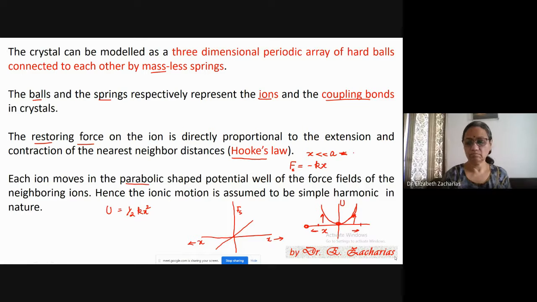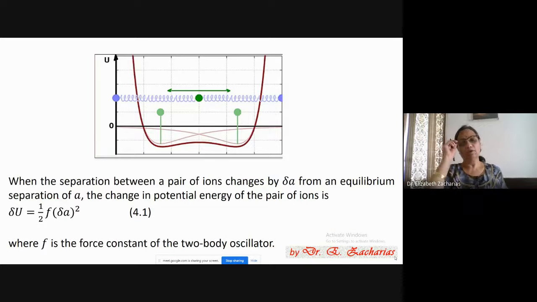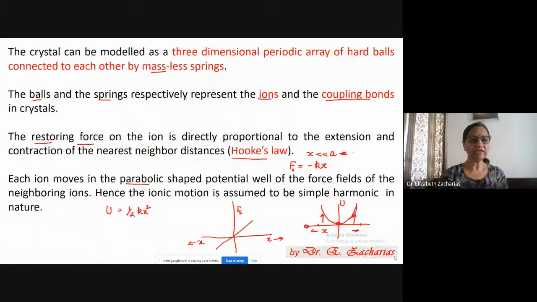Okay, so now let us see how we go about this chapter. Each ion moves in a parabolic shaped potential well. This sentence is very important. Each ion moves in the parabolic shaped potential well of the force fields of its neighboring ions. Let's say this is one ion, this is another ion, this is another ion.